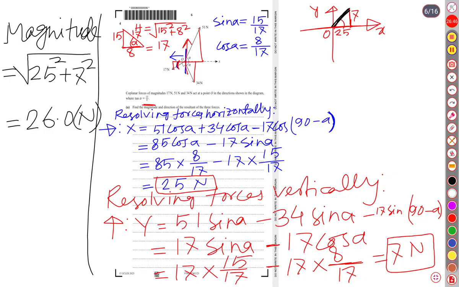Well, now not only the magnitude, they have told us to find the direction. Look at this here, it is written "and direction". This is the direction, which means it is lying above the positive x-axis. But how much is this angle?